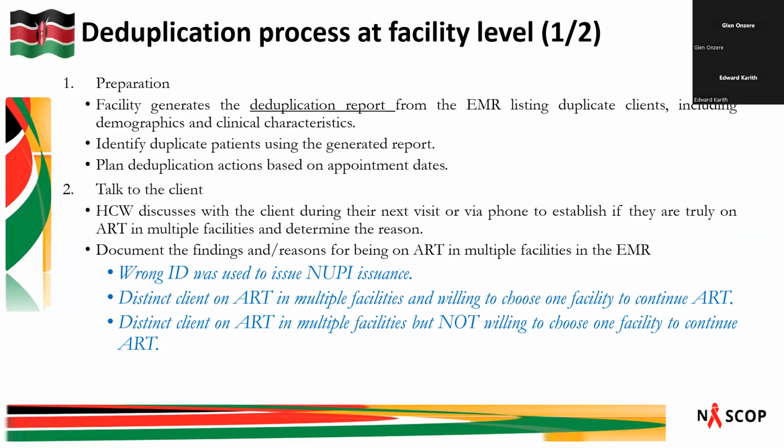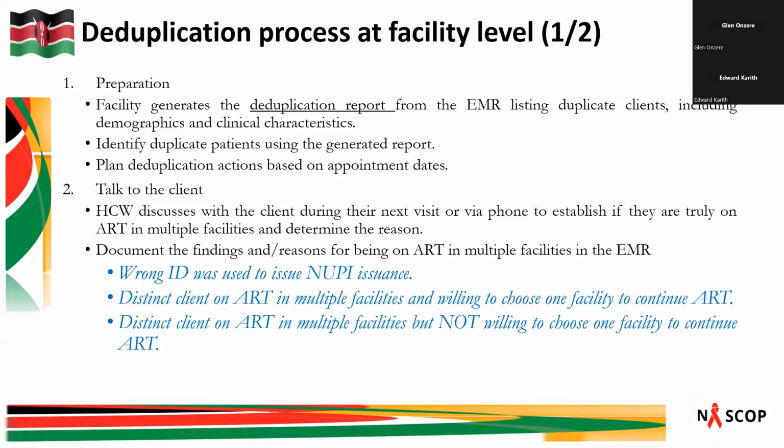So after identifying the duplicates in the duplicates report, then the second step is for the healthcare provider to engage the client just to find out if there are true duplicates in different facilities. Then, of course, document the findings.